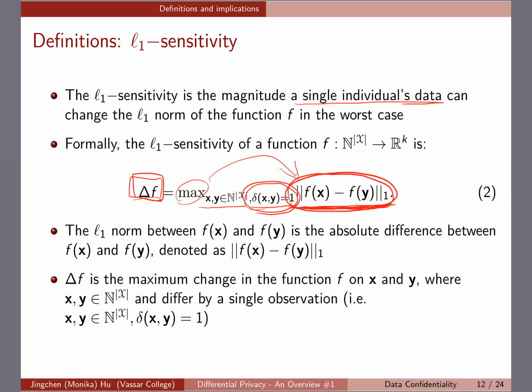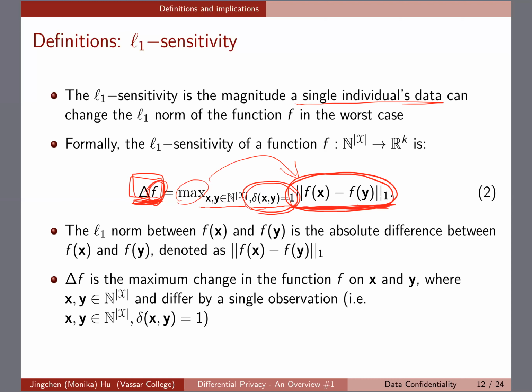And of course, the delta is about f. It is about the function itself. So if you're working with a different query, then delta f will be different. This is saying that if I have two databases that differ by 1, the maximum possible change of my f(x) is defined to be my L1 sensitivity.